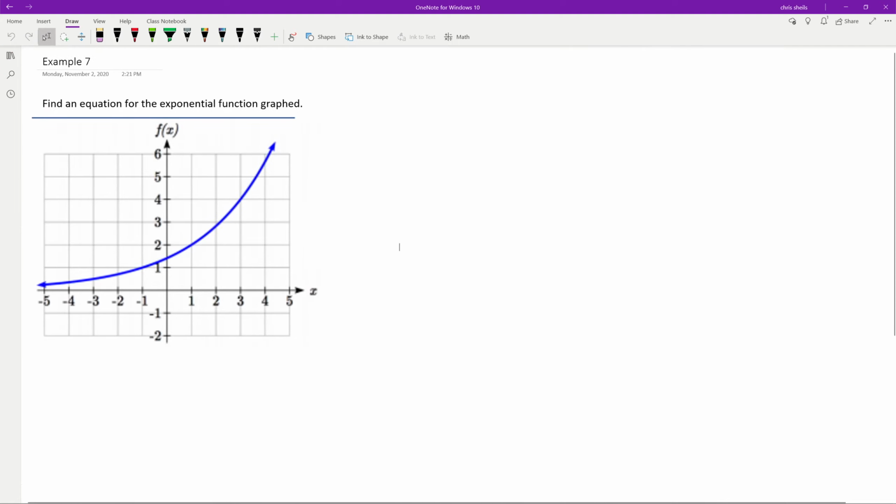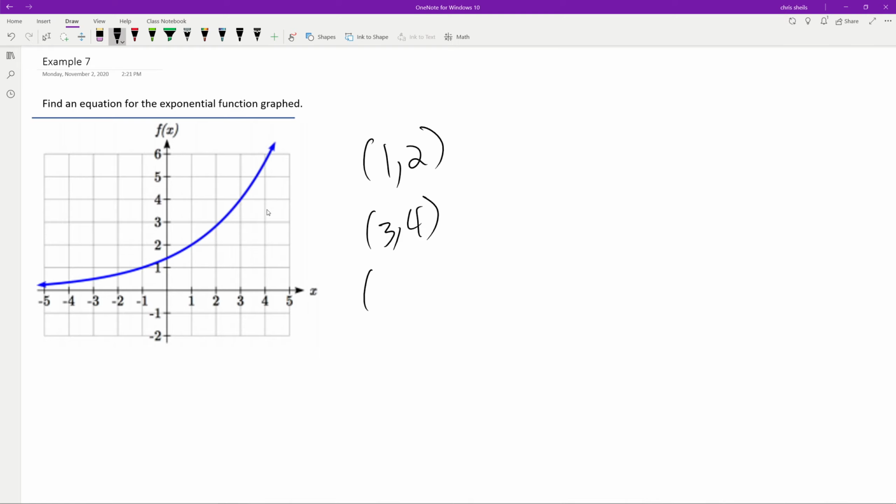And here we have a graph example. Let's find an equation for the exponential function graphed here. The first thing we have to do is find some points that this clearly passes through. To me, the point (1, 2) and the point (3, 4) stand out here.